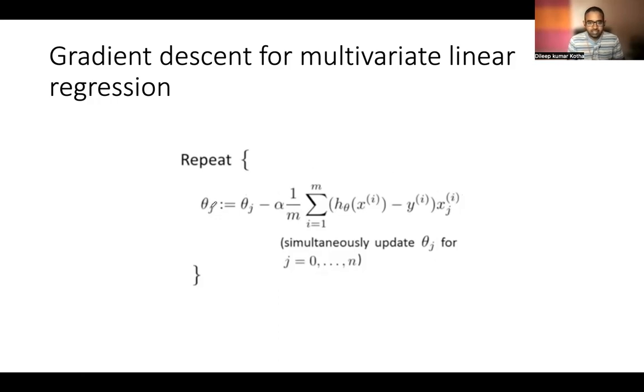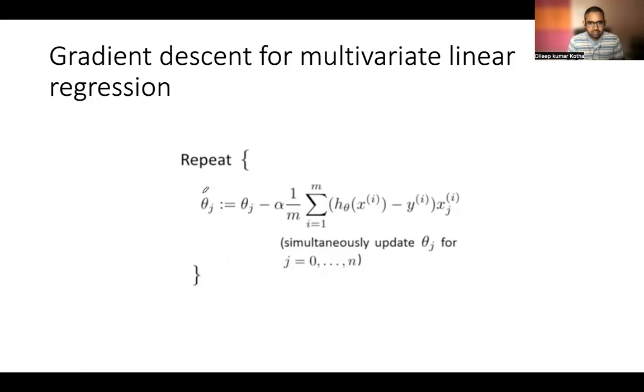And we have to simultaneously update all the theta j. So this rule applies if you have single variable or multivariable as well. So it's as if all the theta j are being updated in parallel. And we have to continue doing this until convergence.